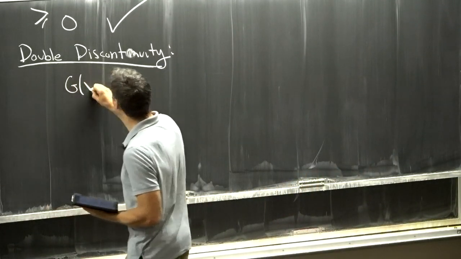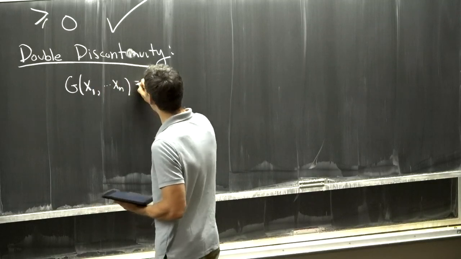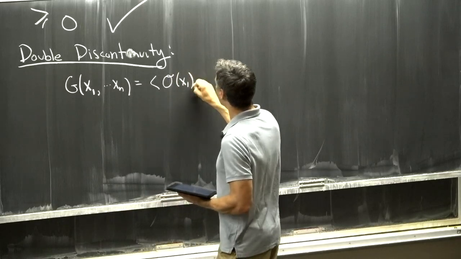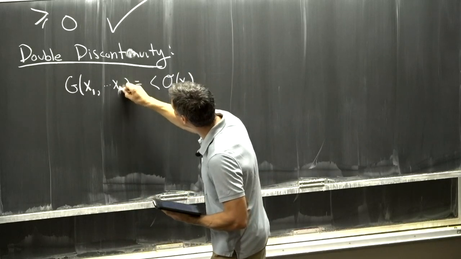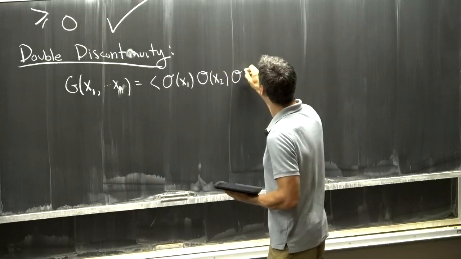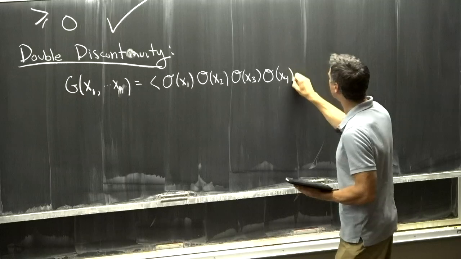So let's write our 4-point function g of x1 to x4. So O of x1, O of x2, O of x3, O of x4.